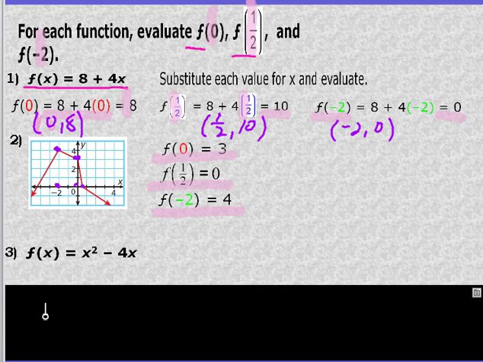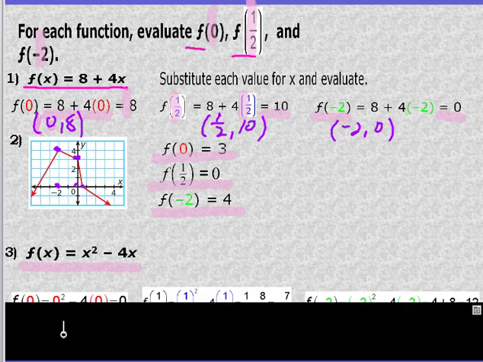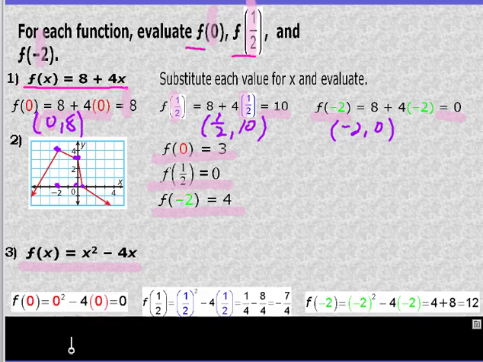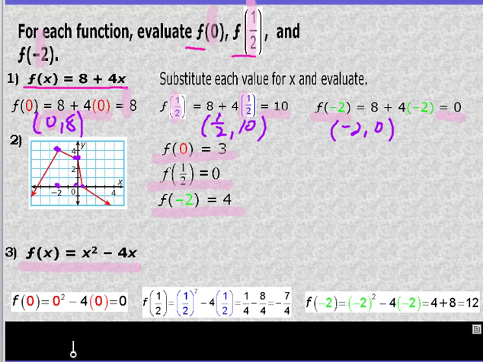And then here's our last equation. f of x equals x squared minus 4x. So we're going to plug in the values for the x values into that equation. So f of 0, we replace every x. So this means replace every single x in the equation with this value for x. So we're going to replace both the x squared, 0, and then the 4x, 0, and that gives us 0.